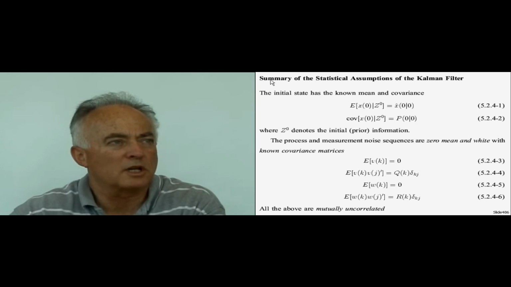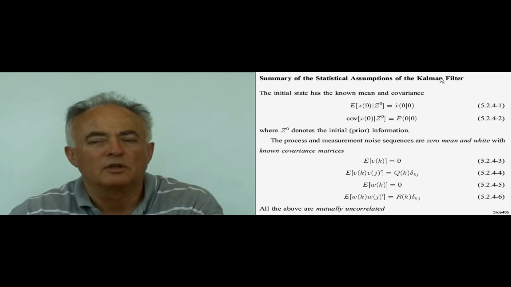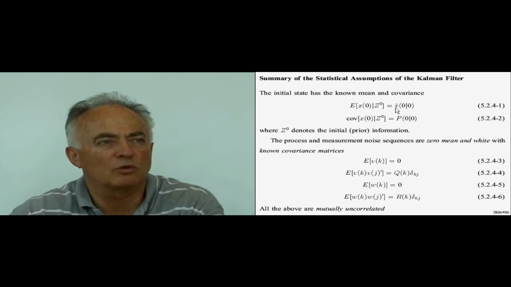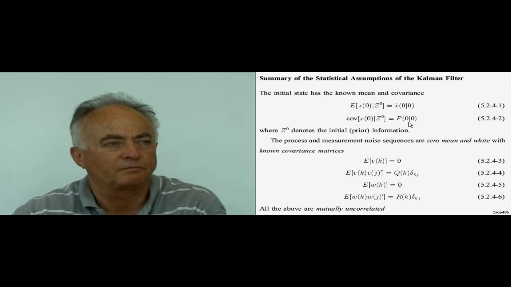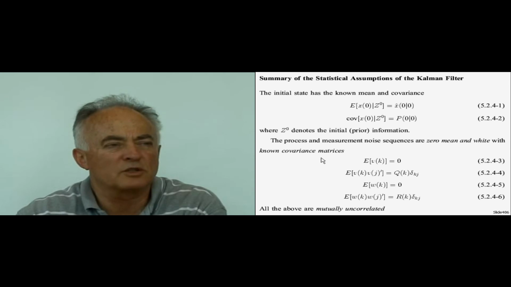Now, let's summarize again the statistical assumptions of the Kalman filter. This is one of the most important things to know, the validity of any theoretical result. There is a set of mathematical assumptions that have been made, namely, the initial state x0 has a known conditional mean x hat 0|0, with the condition being the prior information, and the covariance P_{0|0}. Then the process noise and measurement noise sequences are zero mean white with known covariance matrices.